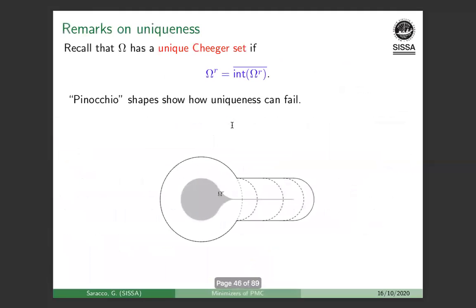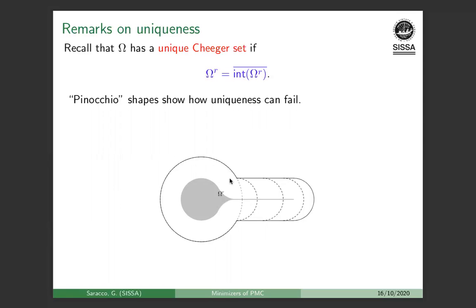Okay, so this is the case. Basically, take a ball of radius 1, and take another ball and let it slide along this half line, and you create this kind of set. Now, there is a precise value of the radius of this ball you let slide, which is such that the set you end up building is Cheeger in itself.